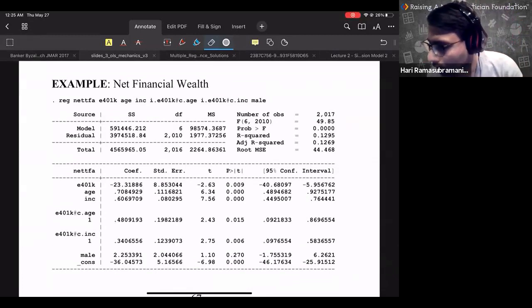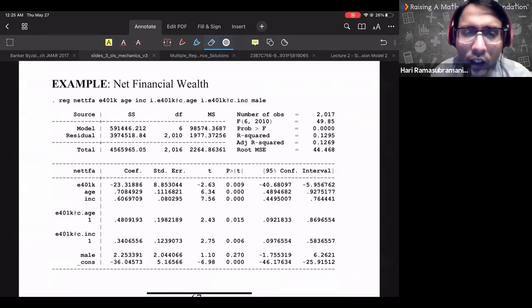So the net financial wealth data set. E401k is whether or not you participate in a saving scheme, like whether or not you participate in the pension funds, age, income, and then 401k is interacted with the age. So you may anticipate that depending on your age, your participation varies.